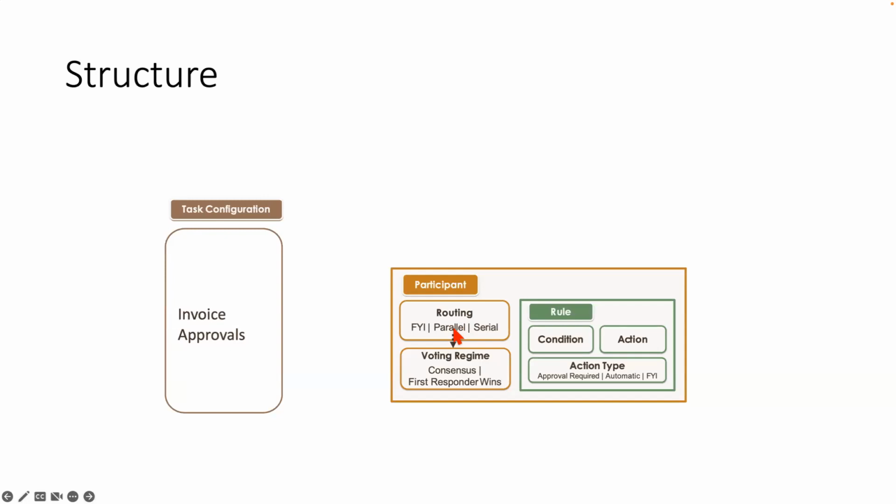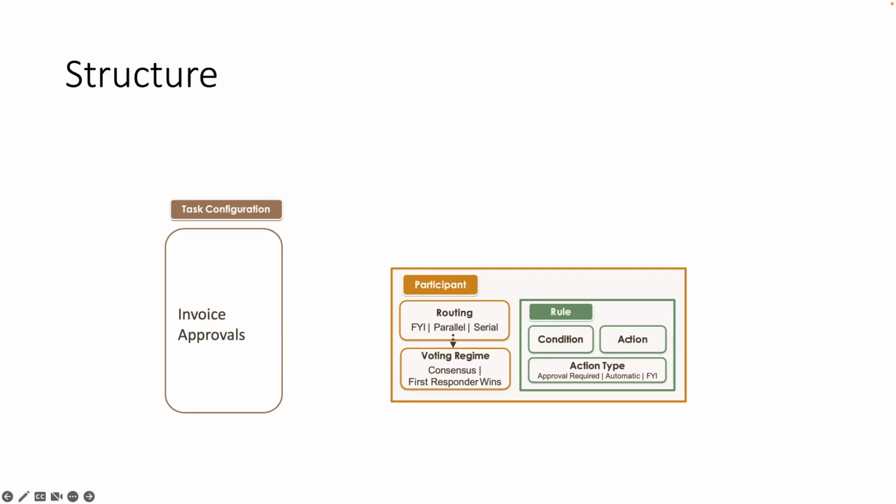And then you have parallel. The flow within each of these can be a parallel flow. It can also be serial, and that determines the order in which things would happen. So whether you want them to happen in parallel or one after the other.